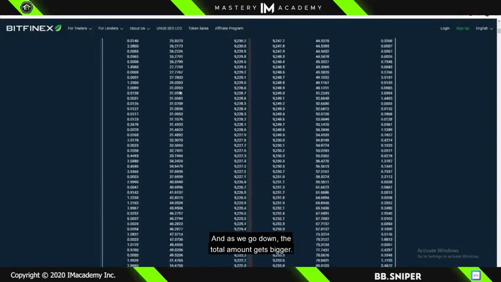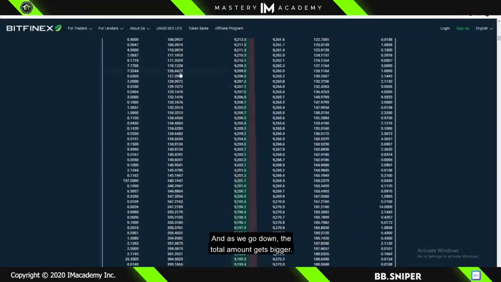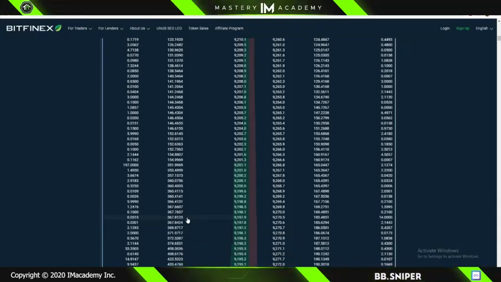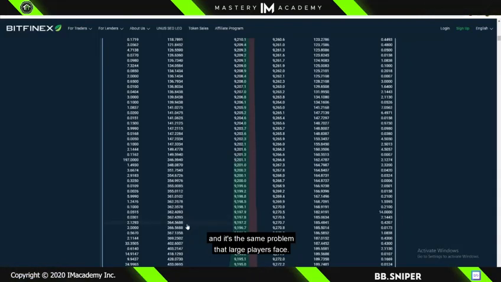And as we go down, the total amount gets bigger. At certain price points, you'll get a chunk of orders. People will move their orders to block other people because at some point there can be a wall of buys, a wall of sells, and it's the same problem that large players face.